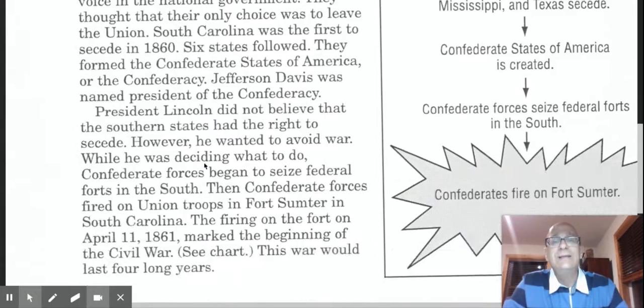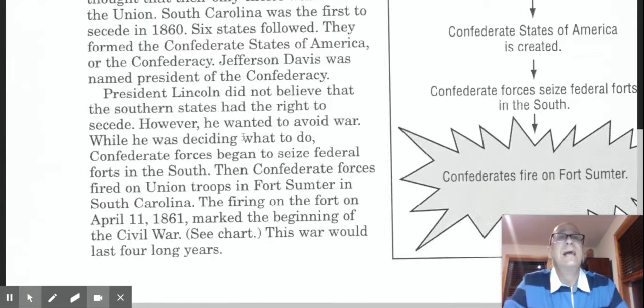Now, Lincoln did not believe that the Southern states had the right to secede. We'll talk about that more in depth in class. However, he wanted to avoid war. Lincoln wanted to do all that he could when he was elected to avoid war. While he was deciding what to do, Confederate forces began to seize federal forts in the South.